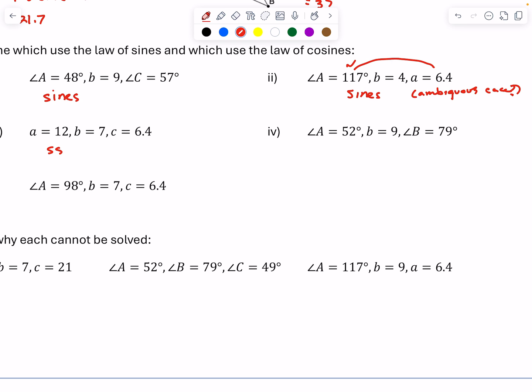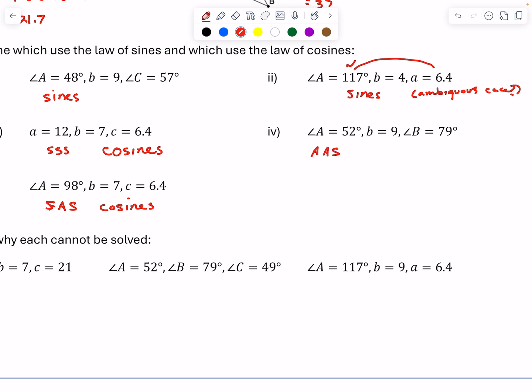This is side, side, side. That is law of cosines. Side angle side is also law of cosines. And this is angle, angle, side.